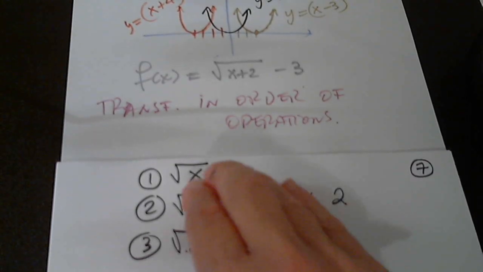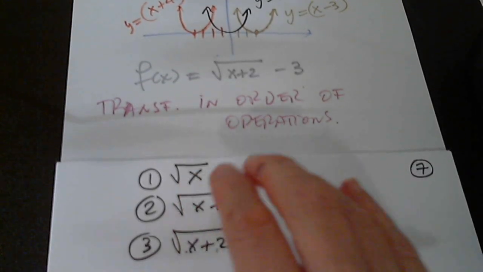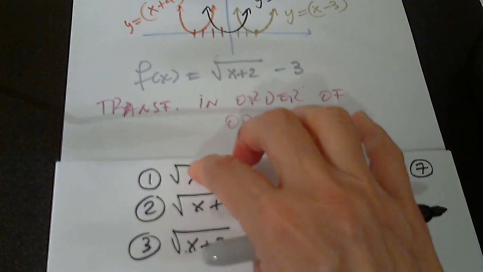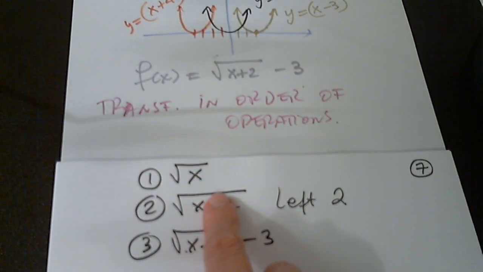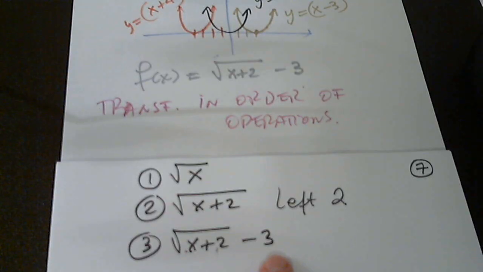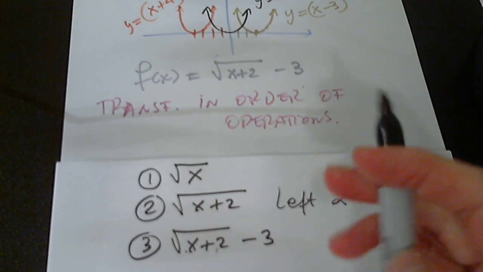And the final transformation here is the square root of x plus 2 minus 3. This transformation is on this function. So now from this function, I'm subtracting 3. What type of transformation is this? Down 3. Down 3, very good.